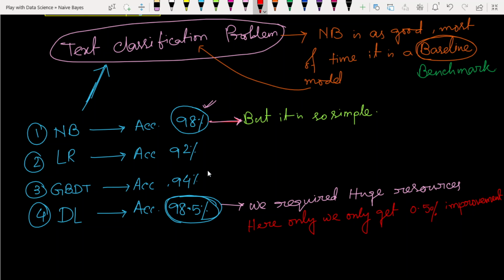So only for this reason, the naive Bayes technique is sometimes called the benchmark for text classification.